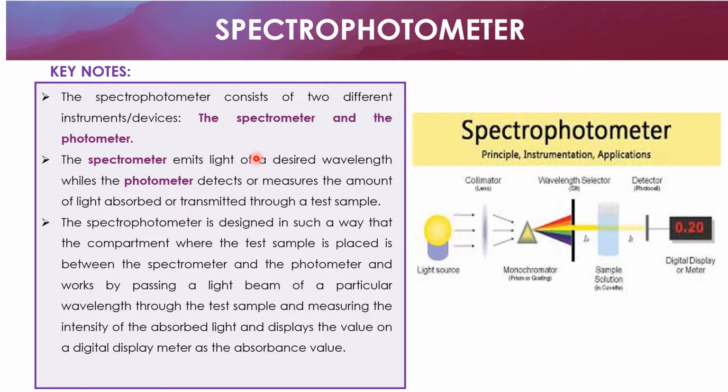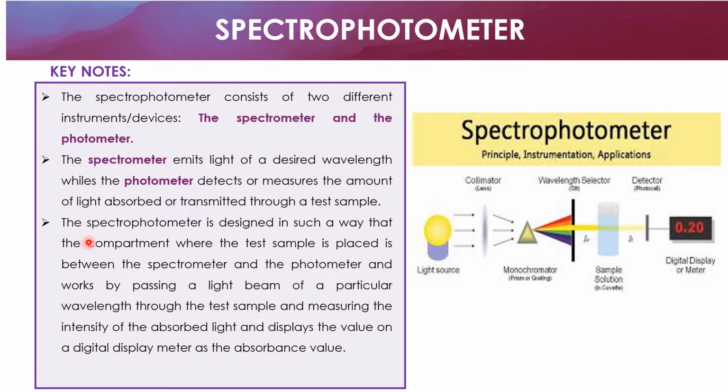spectrometer and the photometer. What we also have to note is that the spectrometer emits light of a desired wavelength, whilst the photometer detects or measures the amount of light absorbed or transmitted through the test sample.